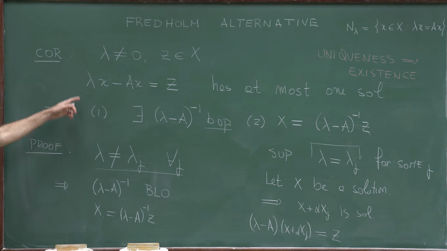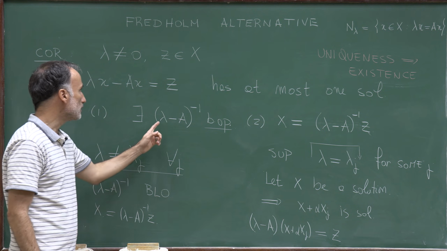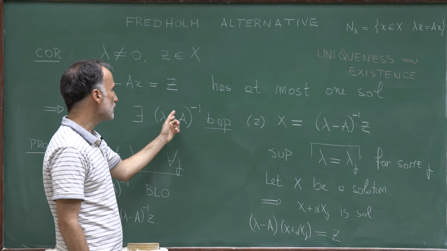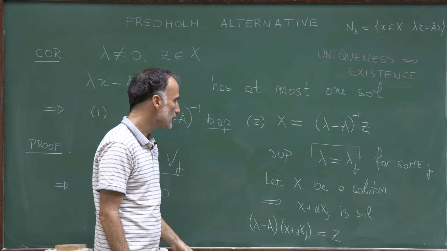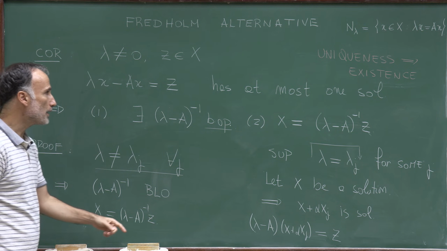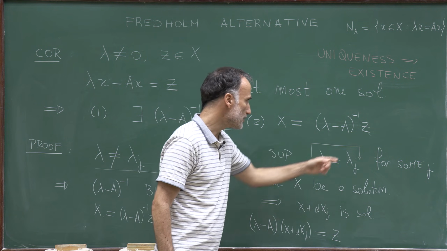And this is exactly the claim of the corollary: that λ - A is invertible, the inverse is a bounded linear operator, and moreover, the solution of this equation is given by (λ - A)^-1 z.